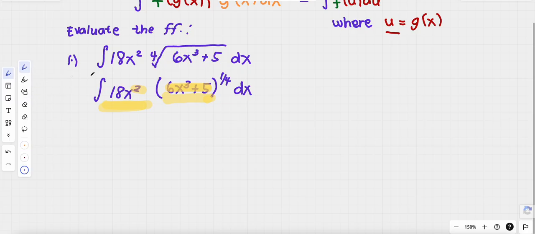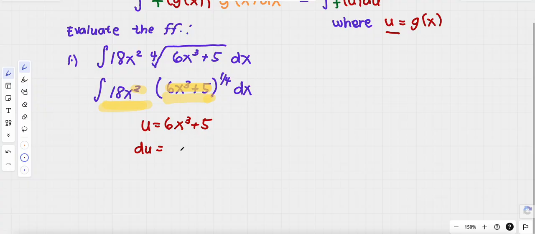If we set u equal to 6x cubed plus 5, what is the derivative of 6x cubed plus 5?